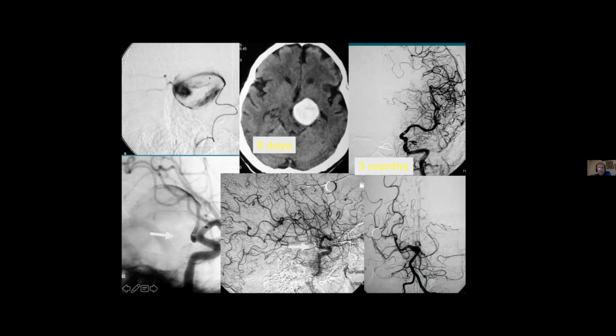This is the microcatheter inside the sac. This is the coiling, only 2 coils. This is a thrombus, and this is the collateral leptomeningeal anastomosis, total occlusion of the aneurysm.